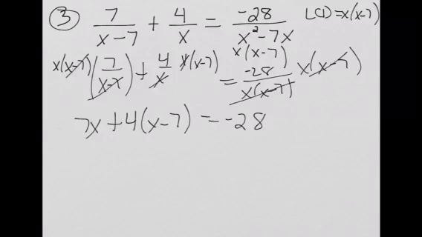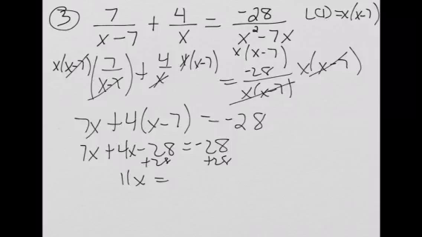Okay, and so now here's the equation I want to solve. So this is 7x plus 4x minus 28 equals negative 28. Combining like terms, we get 11x. Adding 28 to both sides, we get 11x equals 0. Divide by 11, and we get x equals 0.